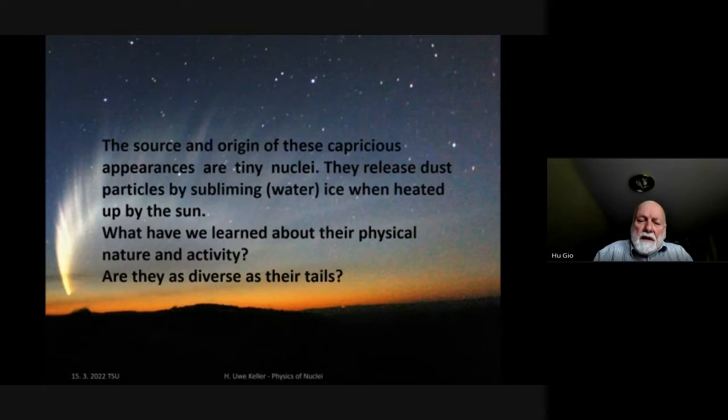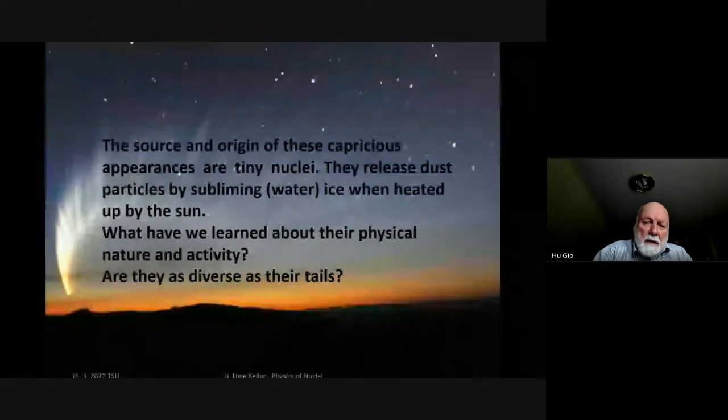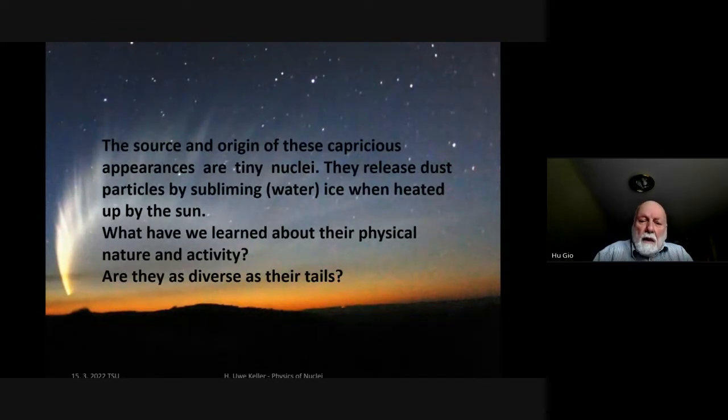And with time we found out that the source is a very small nucleus in the order of a few kilometers, maybe tens of kilometers, whereas the coma is typically 10 to the 5 kilometers in diameter, and the tails can be millions and tens of millions of kilometers long.